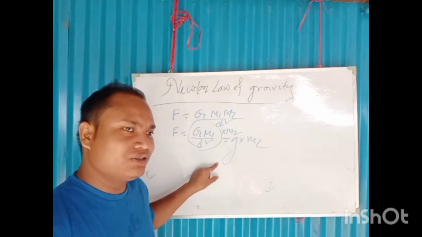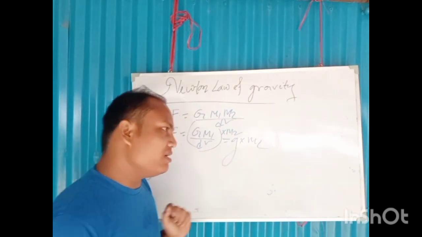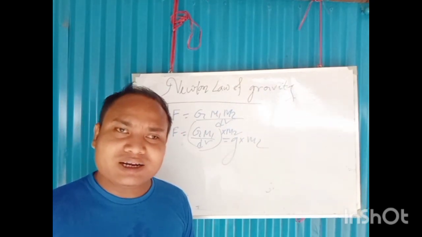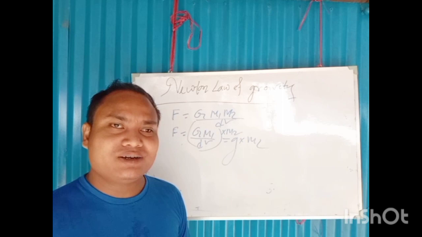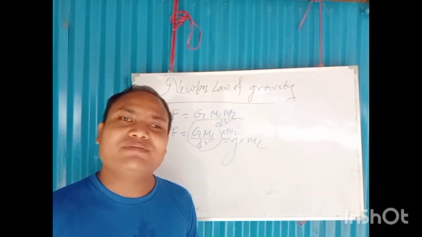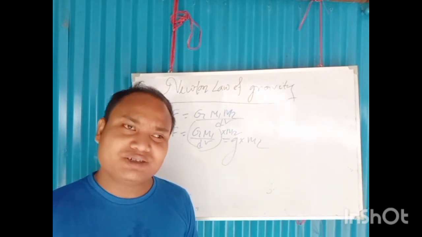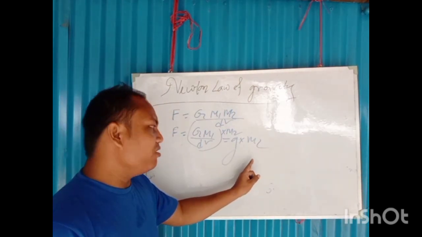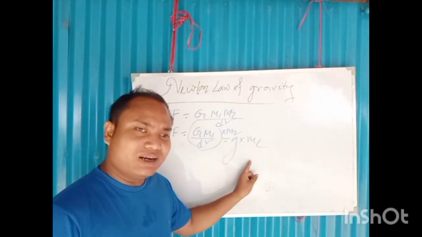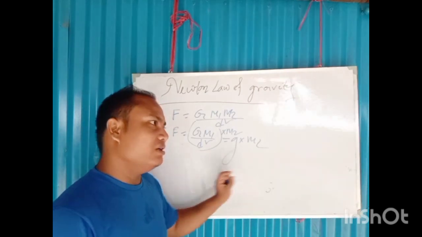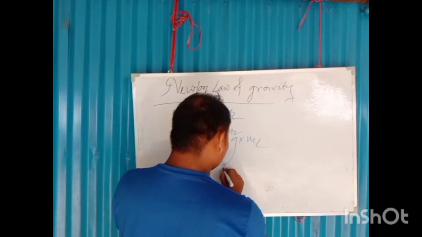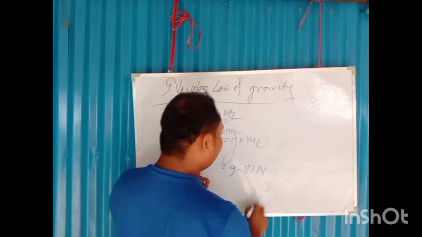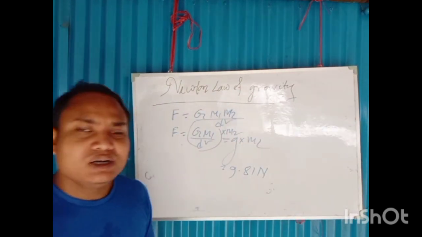Here g means gravitational attraction force. As for example, the earth attracts every particle to its center by gravitational acceleration, gravitational force. The value of g for the earth is 9.81.